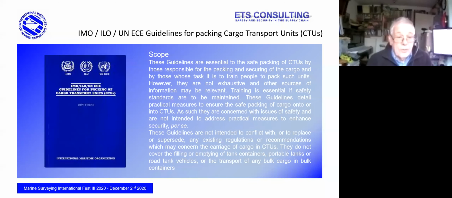The guidelines were produced to help the safe packing of CTUs and securing the cargo inside. It was written with a very light touch, a bit comical, with some interesting drawings and sketches, and it was fairly lightweight.